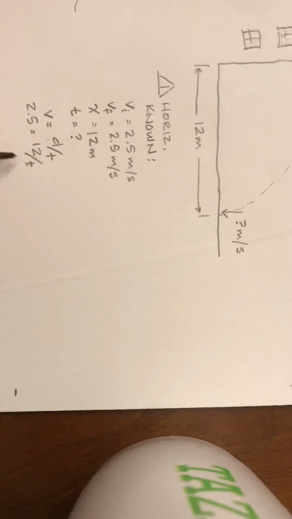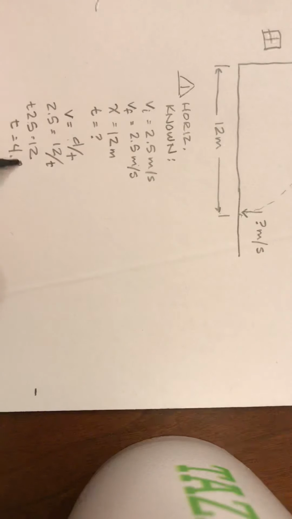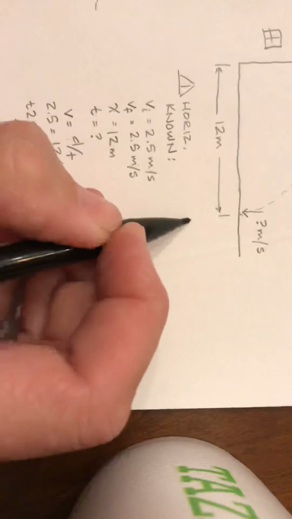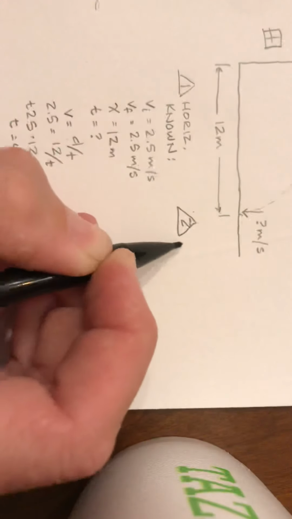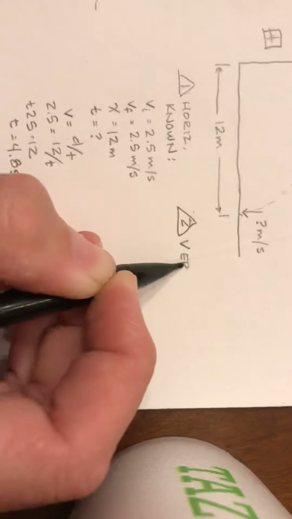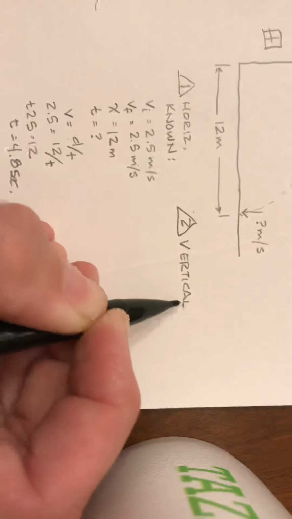So we can multiply time over here. T times 2.5 equals 12. Divide this and we get time equals 4.8 seconds. Okay, so now we can try the second half of this problem, a vertical direction problem, and this should give us our answer.